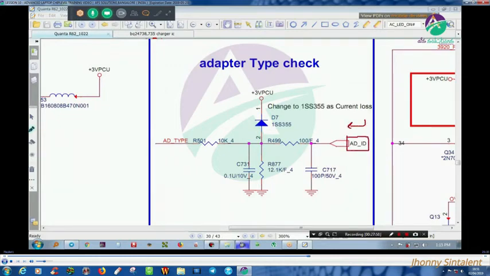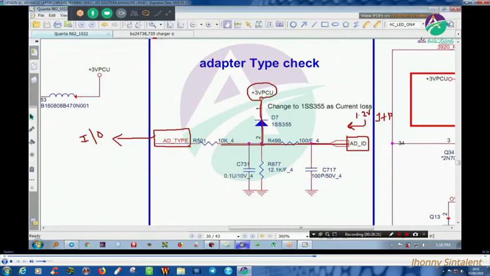What is adapter type? Because this is an HP, you are getting information from the adapter ID. That means you will have a voltage, 1.2 volts minimum, coming from my HP adapter. When this voltage comes from an HP adapter, you have a forward bias, connected to 3 volts always, and an adapter type confirmation is given to the IO controller. Adapter type means how many watts, which adapter, whether it is an original adapter.